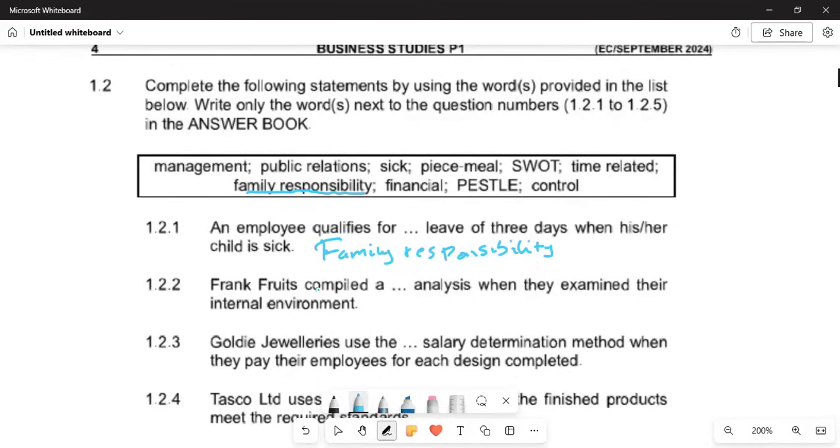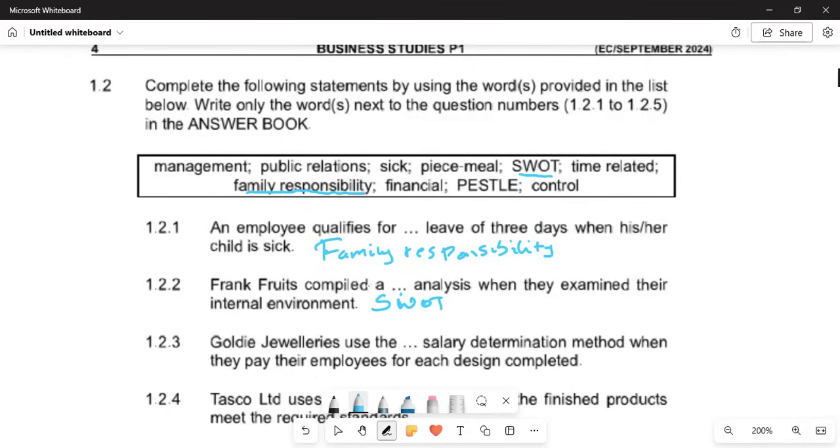Now we have: Frank Fru's compile dash analysis when they examine their internal environment. So they are going to compile what? SWOT analysis. They are going to compile SWOT analysis when they examine their internal environment.